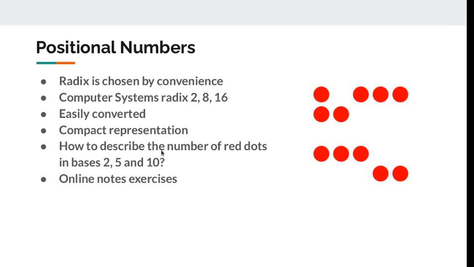So in the online notes, we're going to see some exercises like this where you have a number of dots, and the idea is to describe these red dots, the number that we have here, in base 2, 5, 10, depending on the exercise.